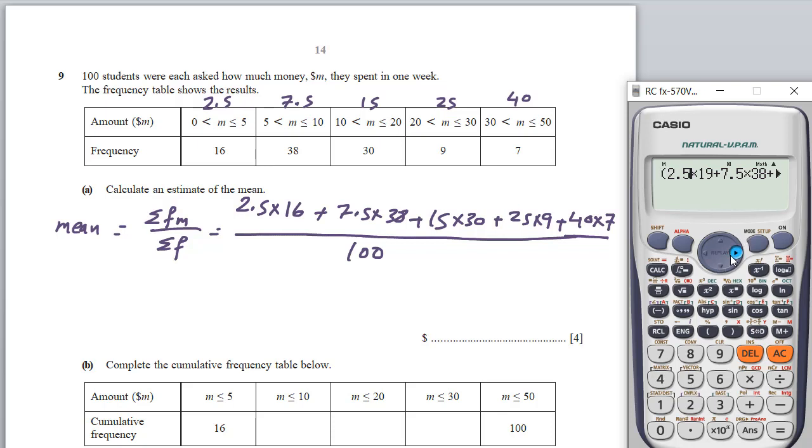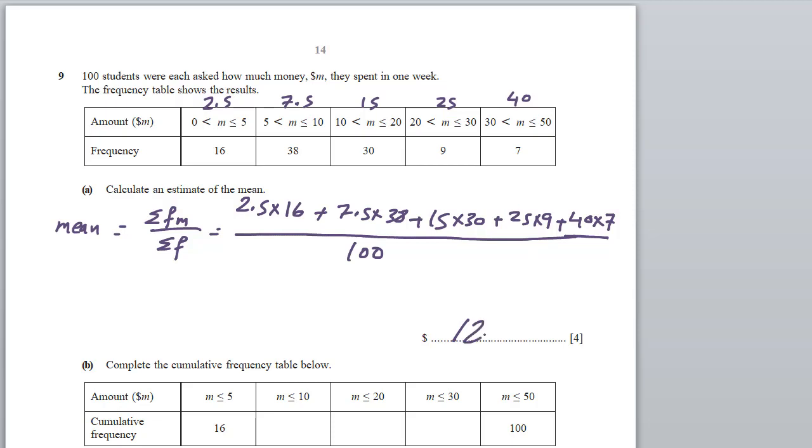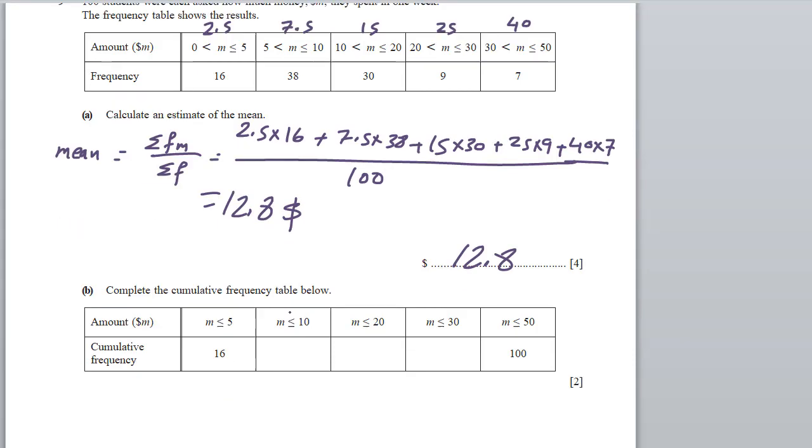So let us check again. This one is 16. So the value is equal to 12.8. So the mean is equal to 12.8. So this value is 12.8 dollars.